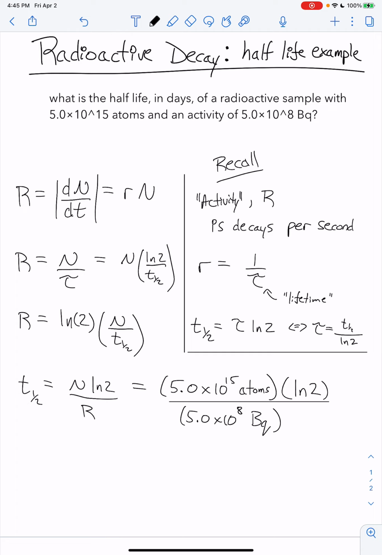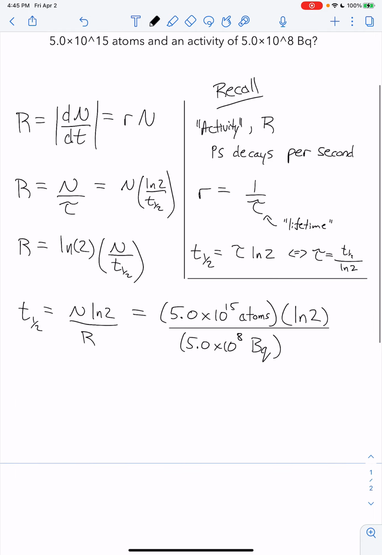Okay, so that all gives us a half-life of 6.93 times 10 to the 6 seconds.